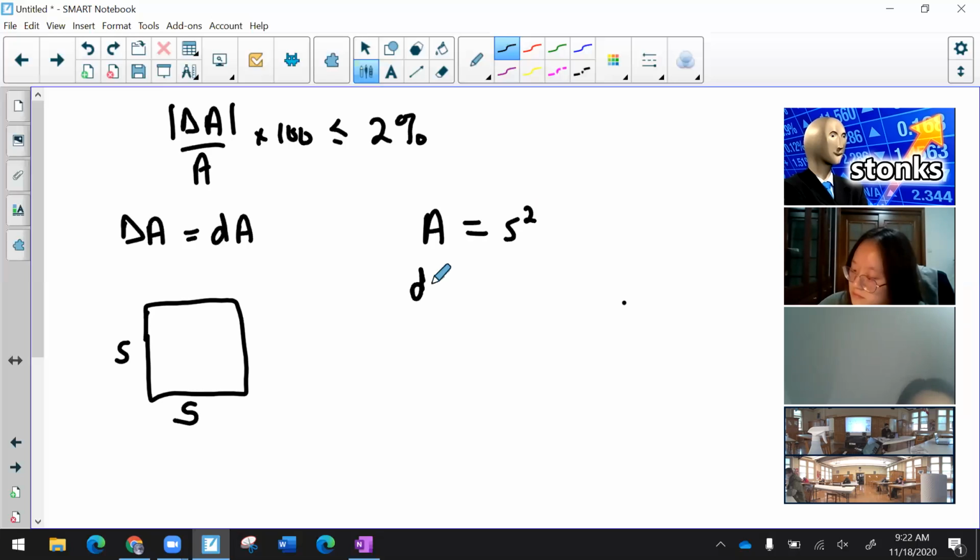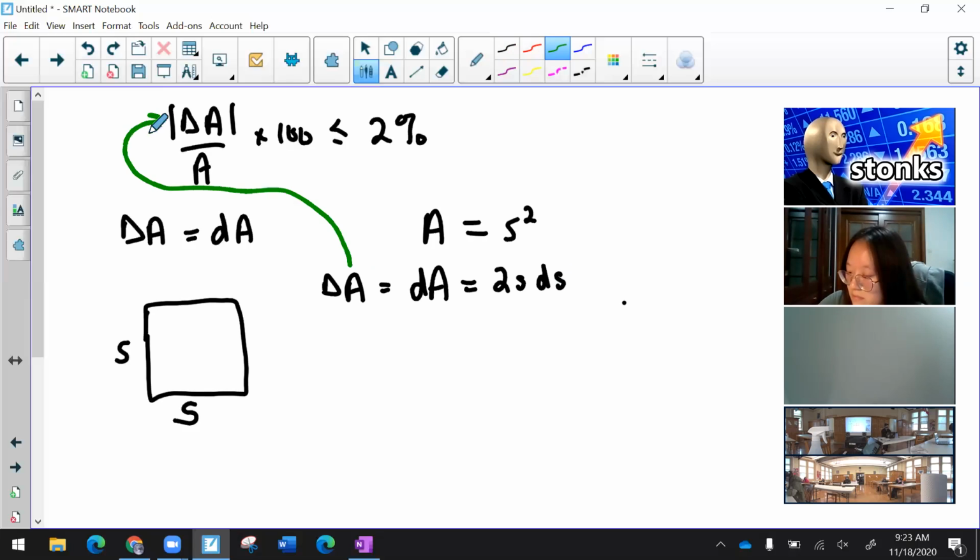Okay. So if I take the derivative of both sides, what's dA going to be? 2s what? ds. Okay. So I've got, and this, like we said, is delta A. So what I'm going to do is substitute my delta A back into my original equation.